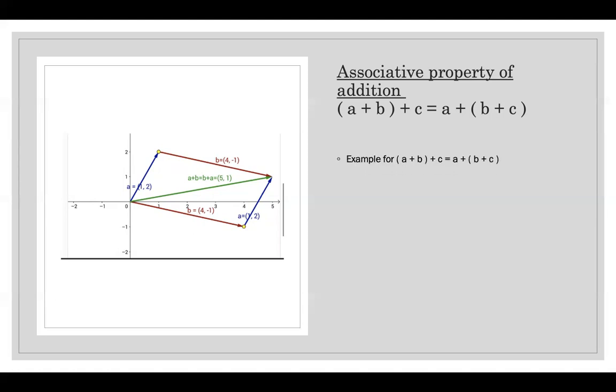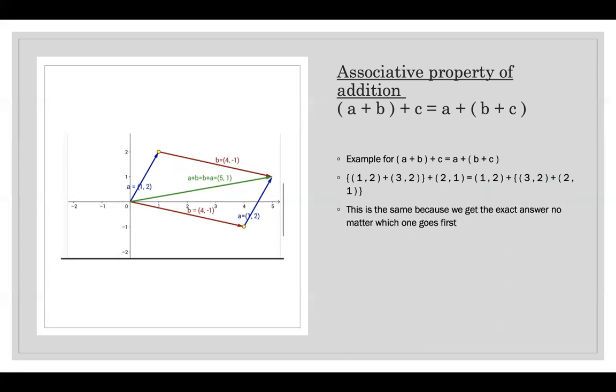The example I gave here is ((1, 2) plus (3, 2)) plus (2, 1), and this equals (1, 2) plus ((3, 2) plus (2, 1)). This is proven because the answer we get is the same no matter which one you add first. You can add a and b first or b and c first, because you get the same answer.